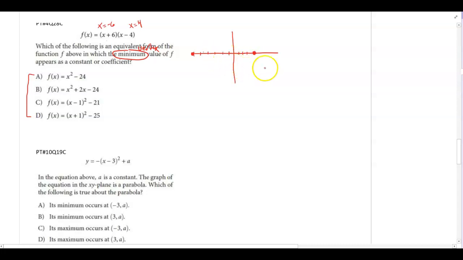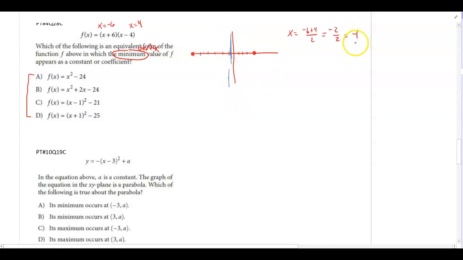Remember, the x-coordinate of the vertex is going to be in the middle of those two zeros. So what value's in the middle here? Well, one way to do that is just take negative 6 plus 4, divide by 2, and you would get negative 1. So I know the vertex is going to be somewhere right here.